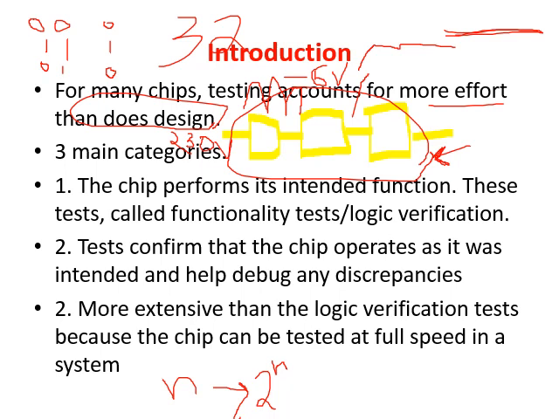For simplicity, if I take a 32-bit processor only, then the number of inputs will be 32. It is called a 32-bit processor because it can operate on 32 bits. Therefore, for a 32-bit microprocessor, the total number of combinations will be 2 raised to 32.